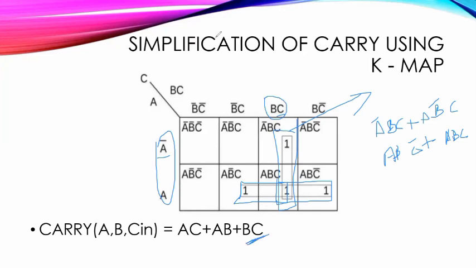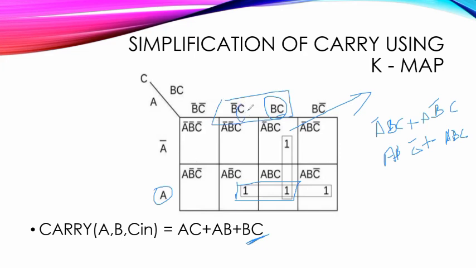So when we are checking with the second pair, we will be only considering A. A is not common for both, and when you see here in both, C is common, right?